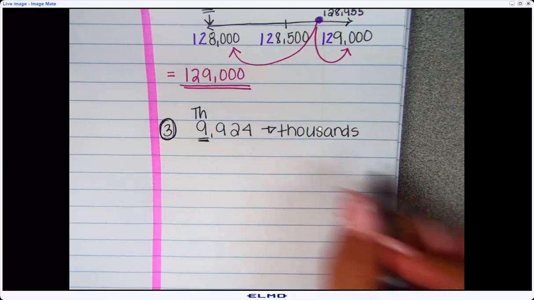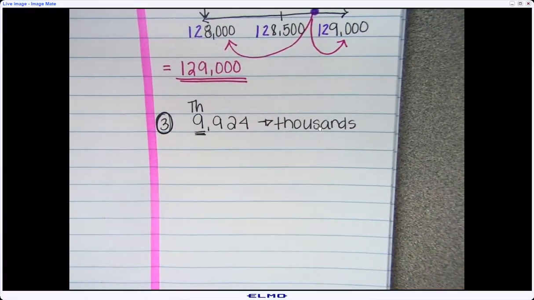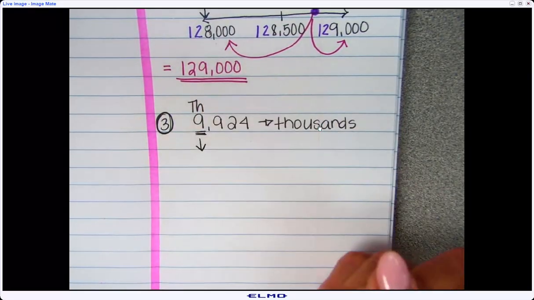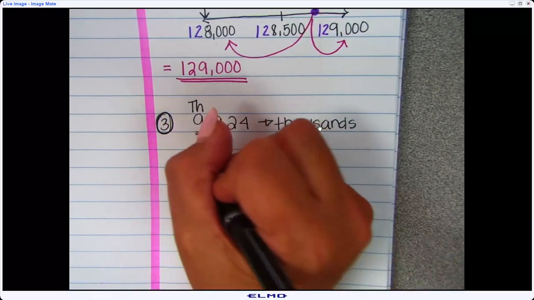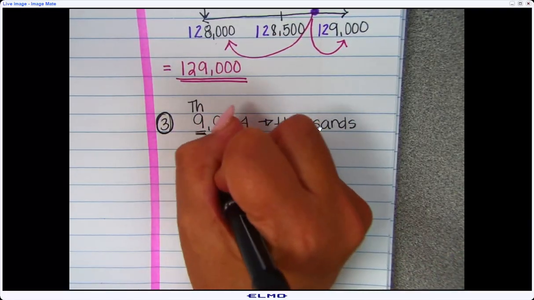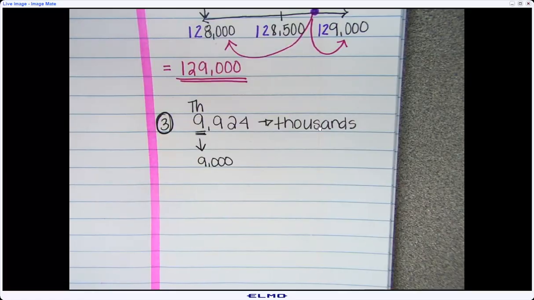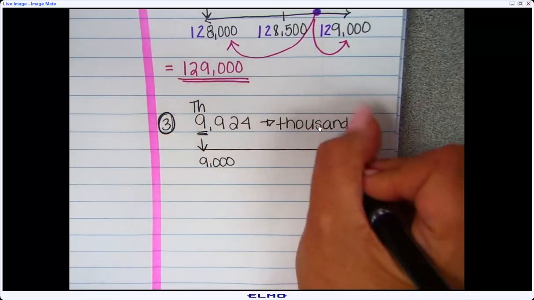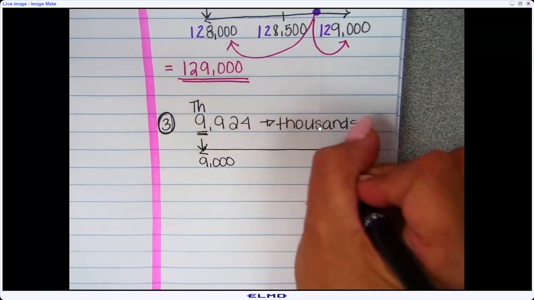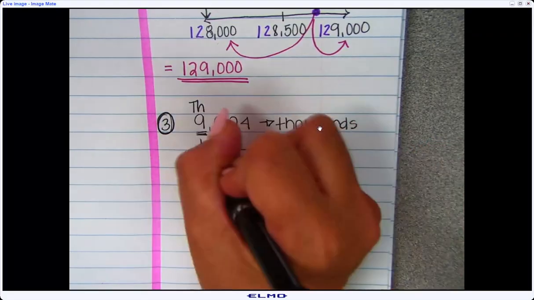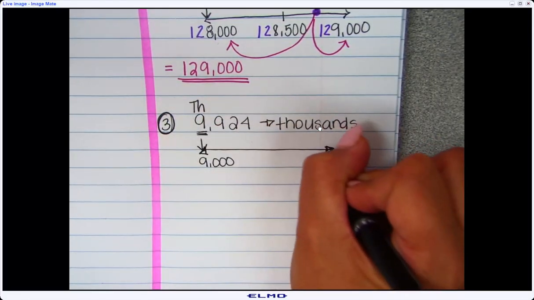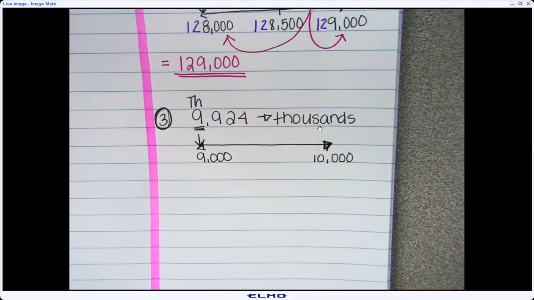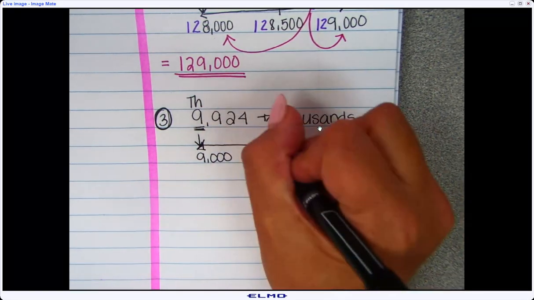So if I'm rounding to the thousands, it means I'm counting by thousands. So this has a value of 9,000. That's going to be the beginning of my number line. And if I'm counting by thousands, what's going to be on the other side of my number line? 10,000. What would my midpoint be? 9,500. Beautiful.